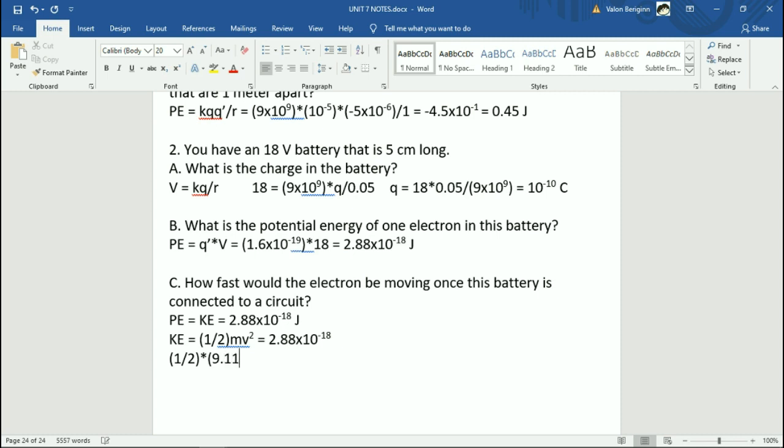Here you get to some kind of gross exponential stuff.